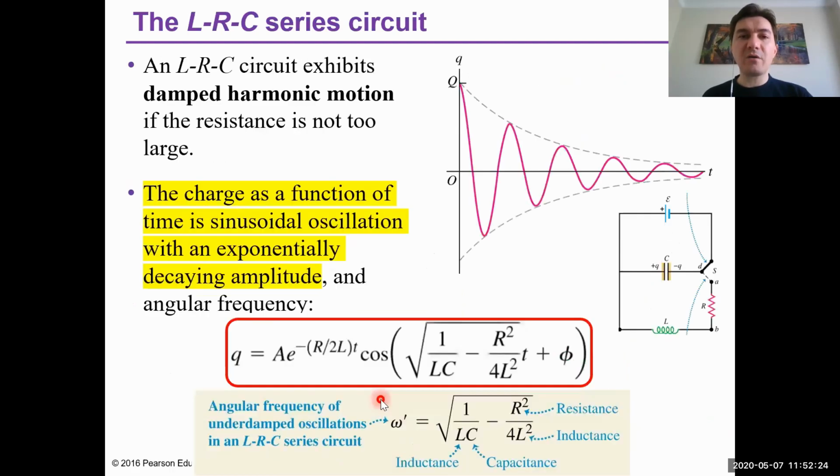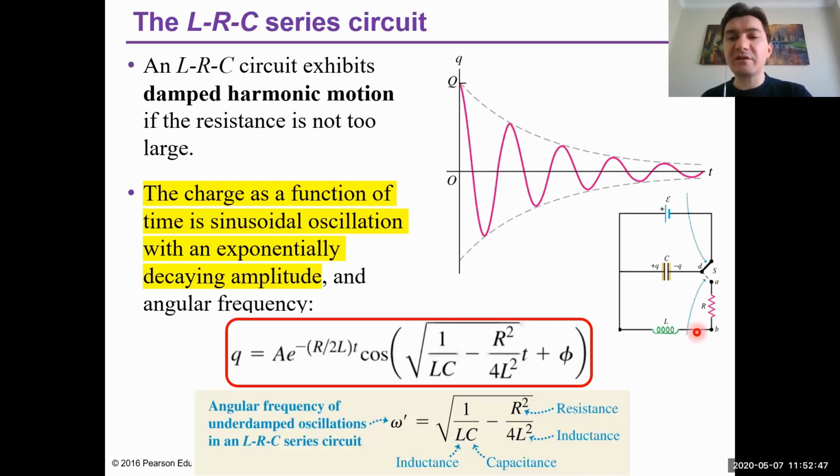So now let's have a look at the behavior of charge as a function of time. This is the time, this is the charge. We know that the current will oscillate, its direction will change by time, okay? But what do you see here?